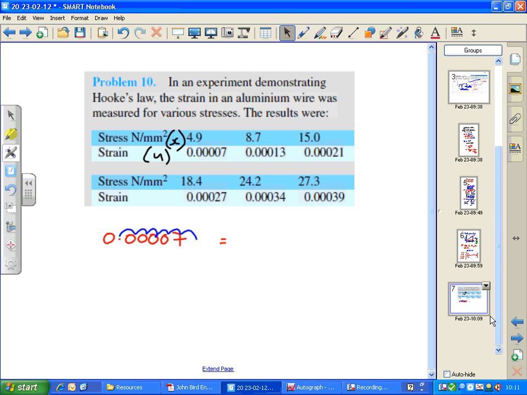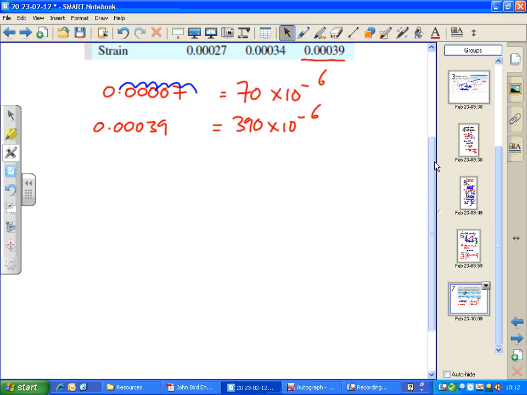So that would be 70 times 10 to the minus 6. And if we look at the last value in this table, which is 0.00039, and again make that times 10 to the minus 6, that would be equal to 390 times 10 to the minus 6. So if I have a set of data like this to plot on a piece of graph paper, what I would do is I'd form my results table.